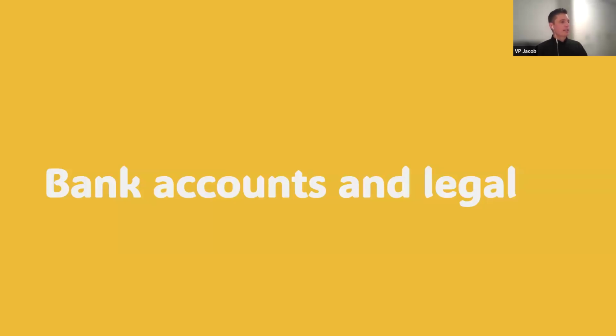Then the next point is called bank accounts, legal, it could also be called etc. Because this is a really tricky part, where sometimes we never get access to bank accounts, or we never get formally changed the names of who can actually be the, I don't know if it's called beneficiaries or whatever, just the head of this local organization of yours legally, who can sign on behalf of JCI X City.